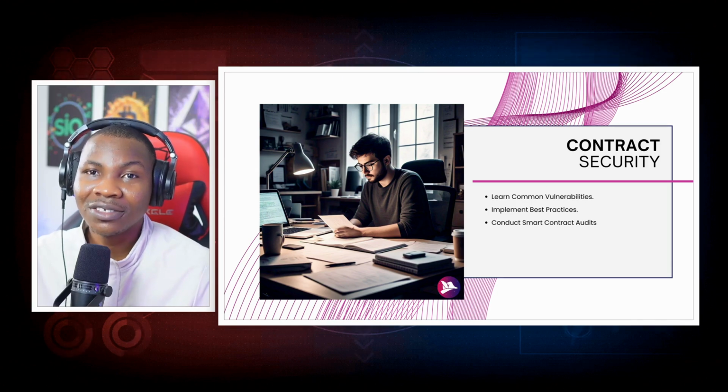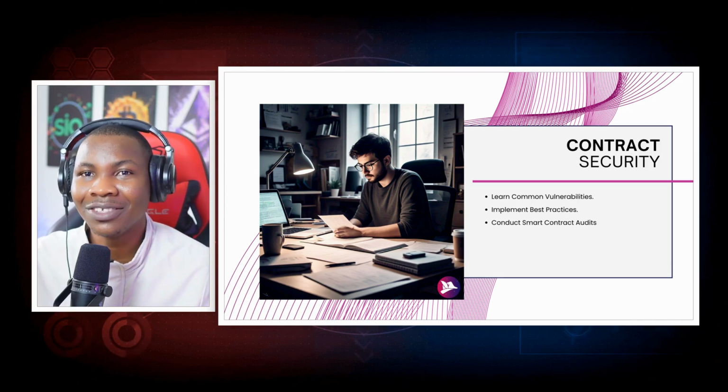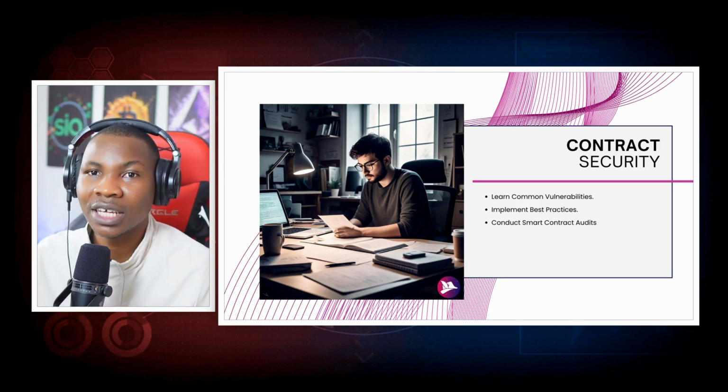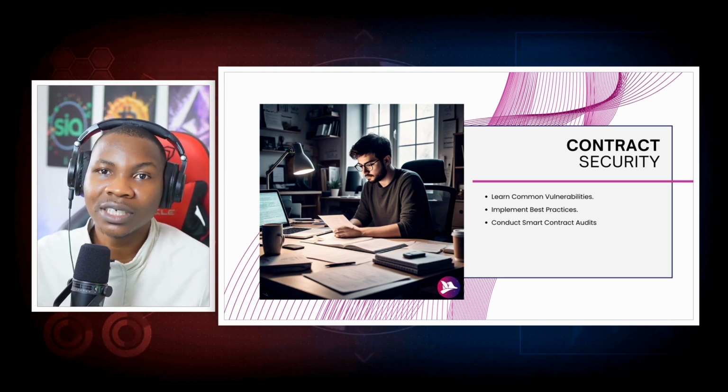Each deployment costs money, and you can't change anything once it is deployed. So you have to make sure that you learn and understand how those things function properly in this space.